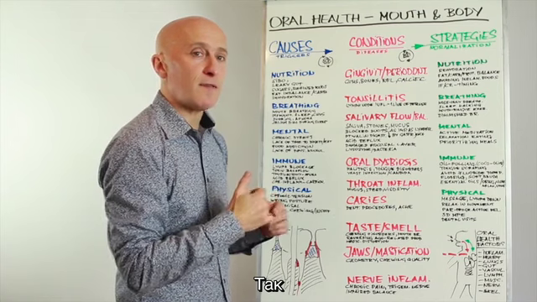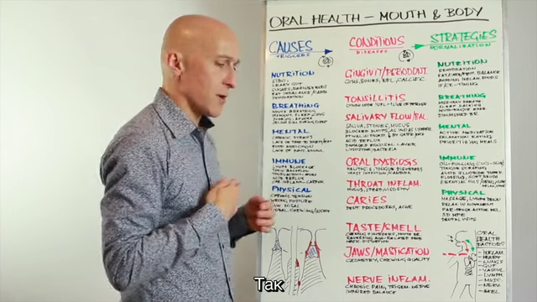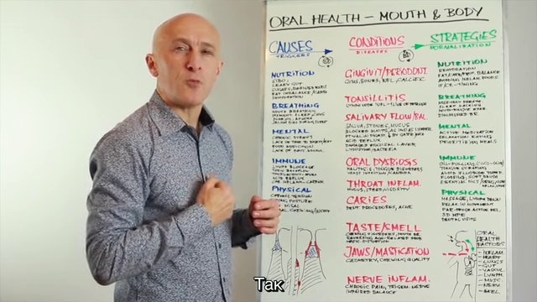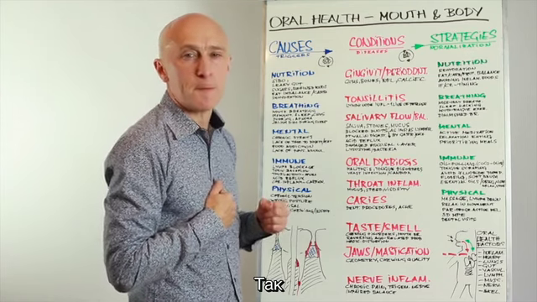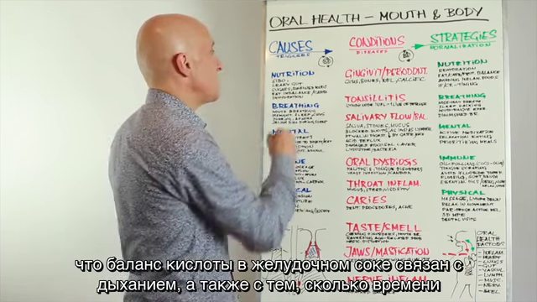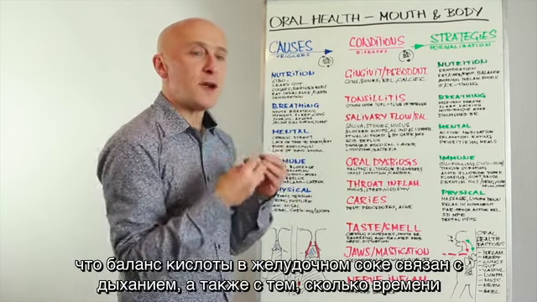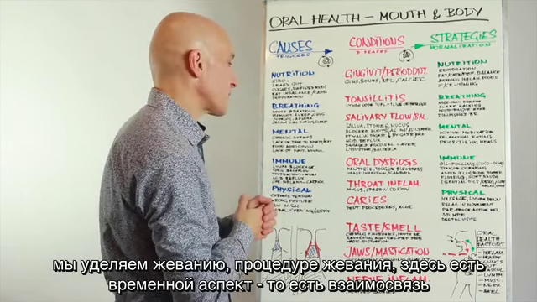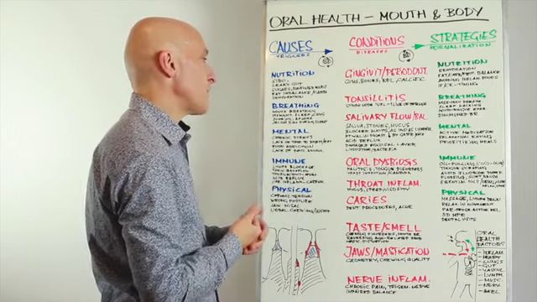So the balance of acid in the gastric juice is connected with the breathing. It is also connected with how much time we are giving to the mastication, to the chewing procedure. Something to do with timing. That's the mental part.